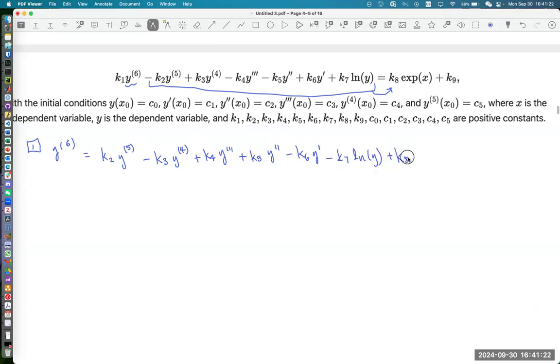Now I'm just copying the right side, e to the x plus k9. And because there's a k1 coefficient, we want to divide everything on the right by k1. So I have divided by k1 for all the coefficients.